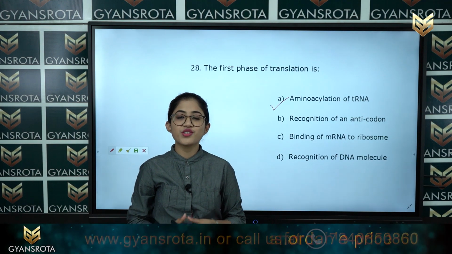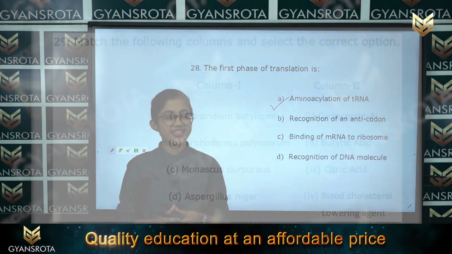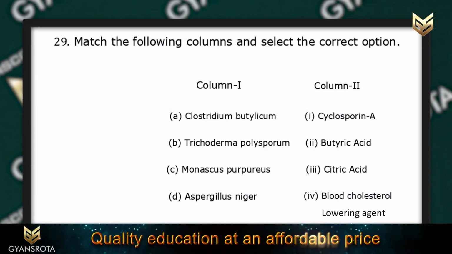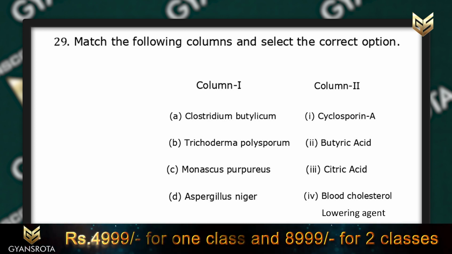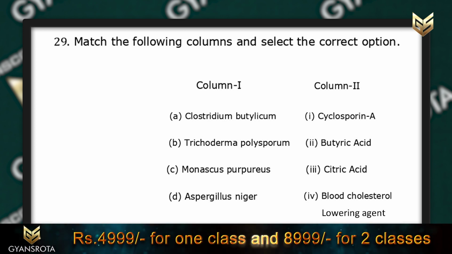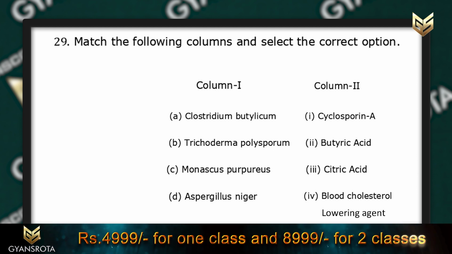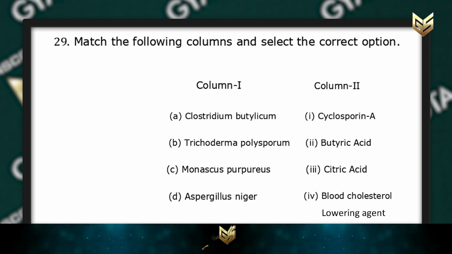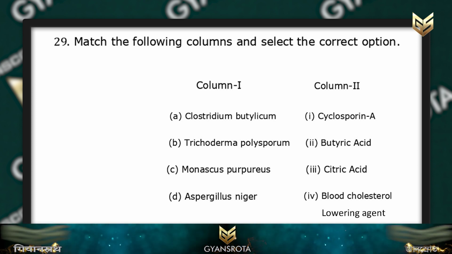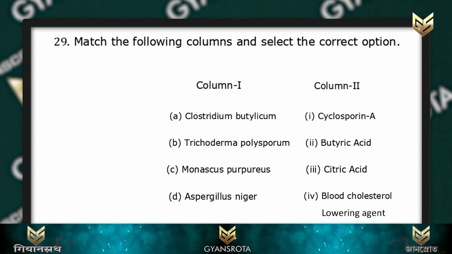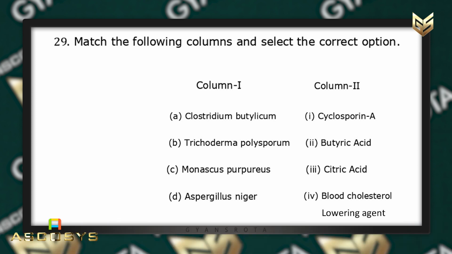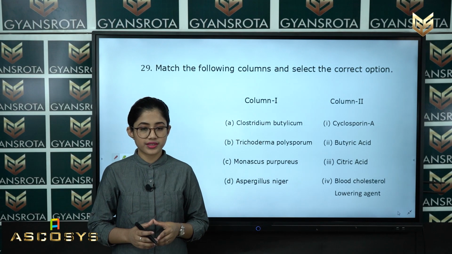Now let's move on to the next question, question number 29. Match the following columns and select the correct option. In column 1, it is written Clostridium butylicum, Trichoderma polysporum, Monascus purpureus and Aspergillus niger. In column 2, it is written cyclosporin A, butyric acid, citric acid and blood cholesterol lowering agent.